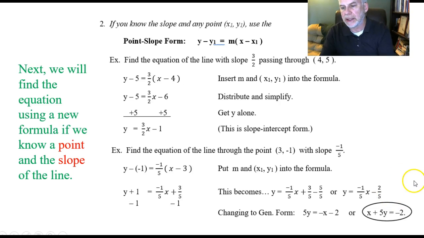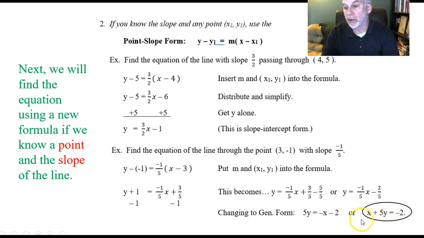Now, I can get rid of the fractions if I multiply everything by 5. So if I multiplied everything by 5, I'd have 5y equals negative 1x, because the 5s will cancel, minus 2, because the 5s will cancel. And so you get this equation, and then if you move the x to the left, you'll get positive x plus 5y equals negative 2.